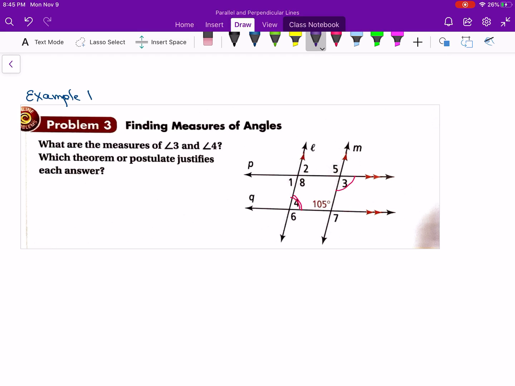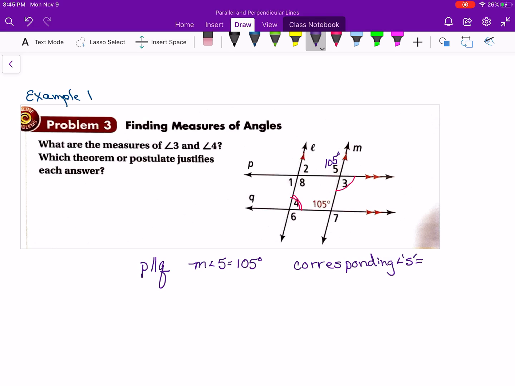All right, so if you stare at this picture with P and Q being parallel, P is parallel to Q, then we know that angle 5 is 105 degrees because it is a corresponding angle with the angle that's given to us. That's corresponding angles. When lines are parallel, cut by a transversal, corresponding angles are congruent.